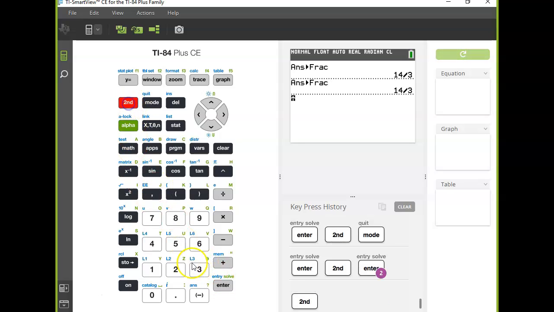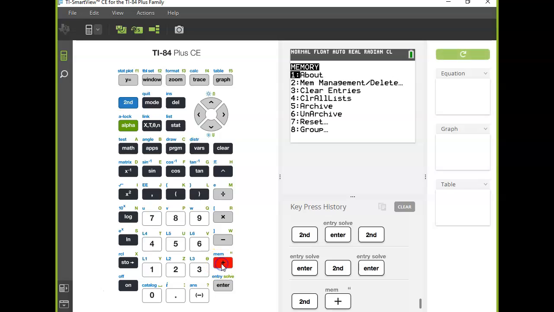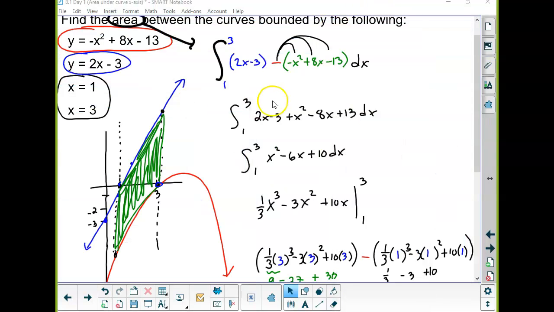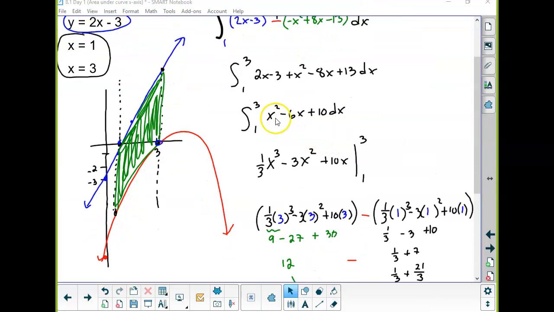I think this is... No, okay. I don't think it's going to give it to me. But I can type it out.